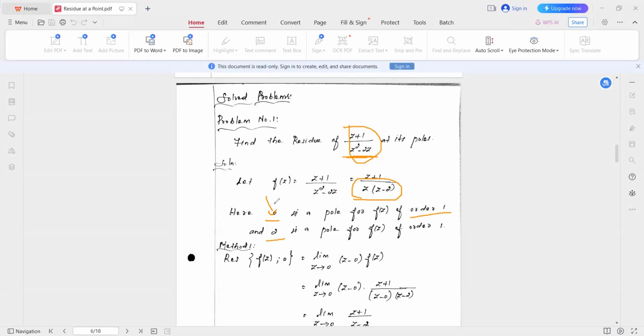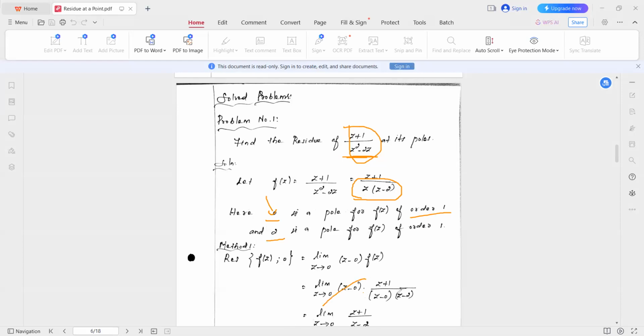Residue of f of z at the point 0 is, by definition, limit z tends to a, where a is 0. So limit z tends to 0, z minus 0 into f of z. The value of f of z is (z plus 1) by (z minus 0) into (z minus 2).